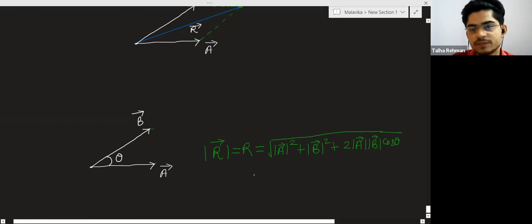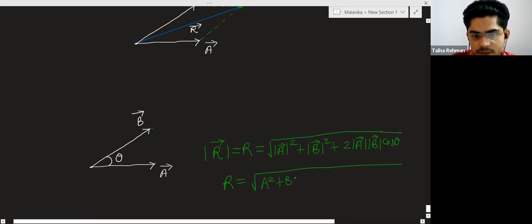So in simple words, I can write this formula as the square root of A square plus B square plus 2AB cos theta. Here I have replaced the vector A with its magnitude.